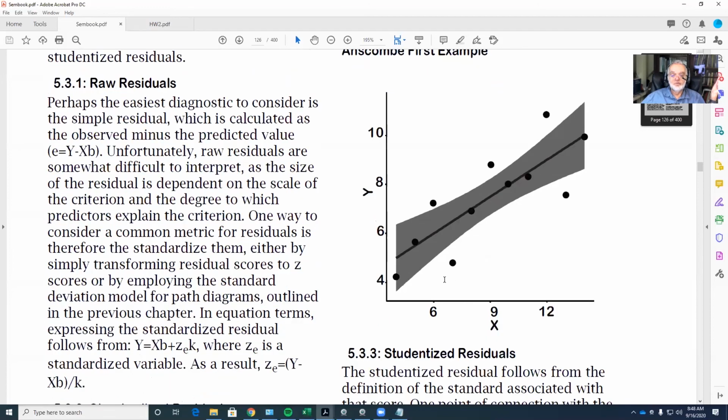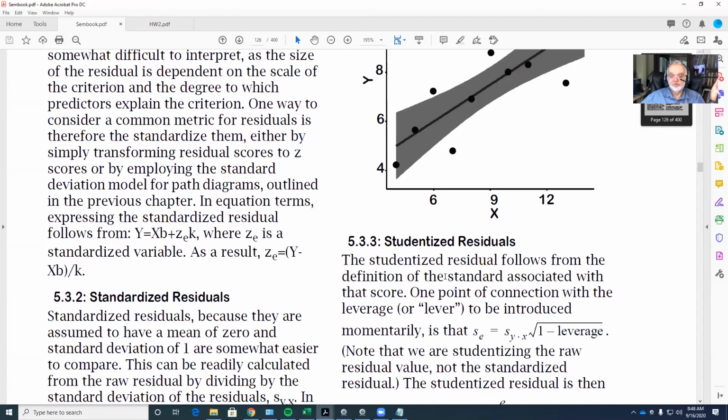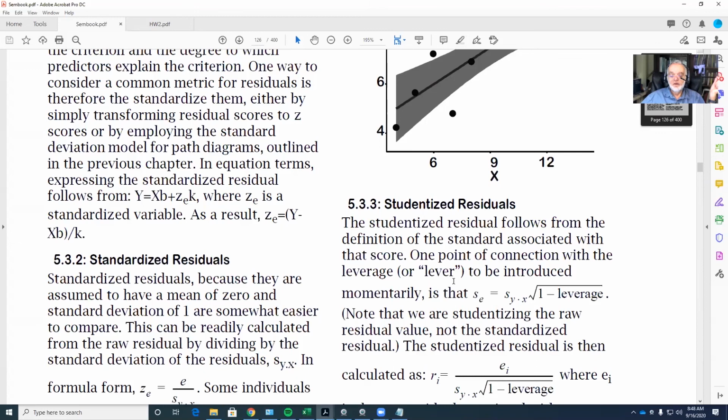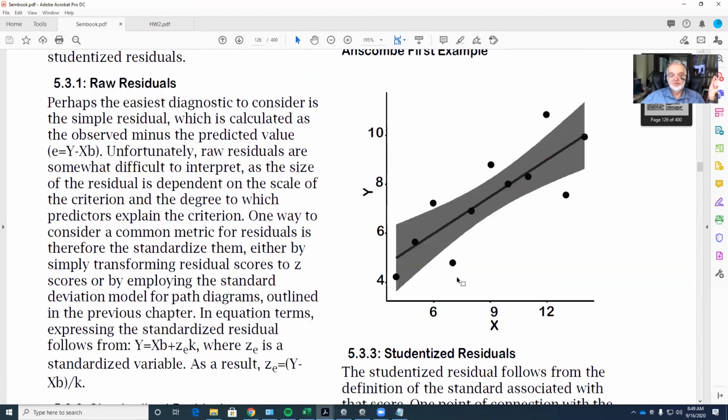We need to do something called studentized residuals. It's helpful to think about this as a scatter plot issue. The act of studentizing is going to take the confidence interval that we observe between X and Y and turn this pleasant hourglass shape into a rectangle.